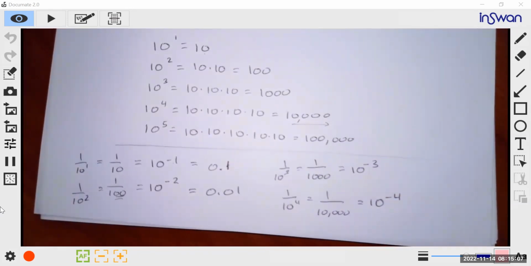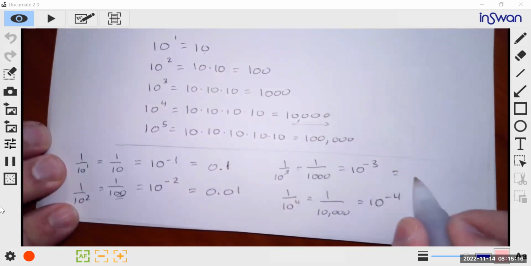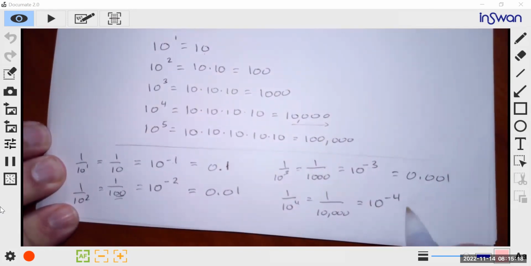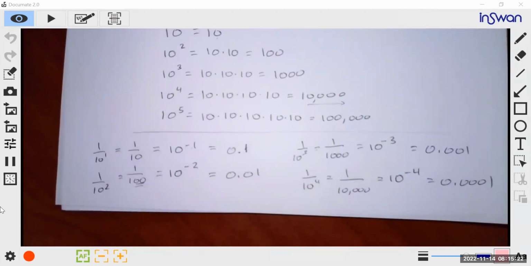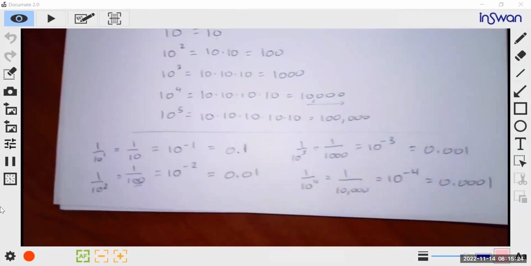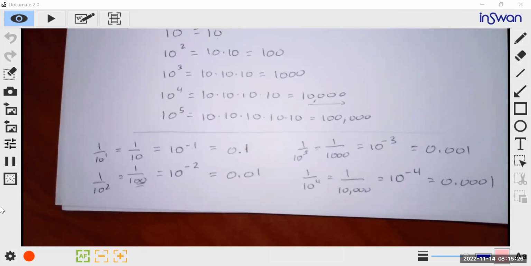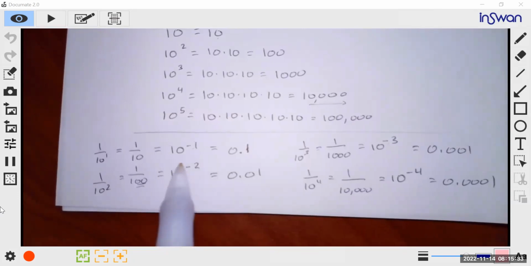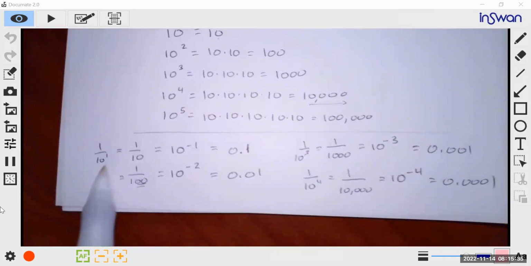So what do you notice about the negative exponents? This one is 0.001, 0.0001. What happens to the numbers there, the decimals? If you have a negative exponent, that means the number is very small.